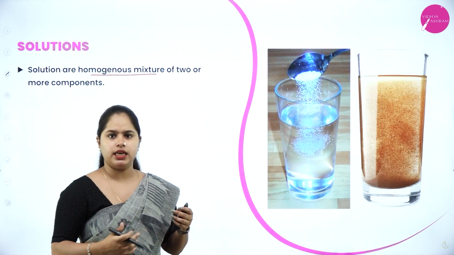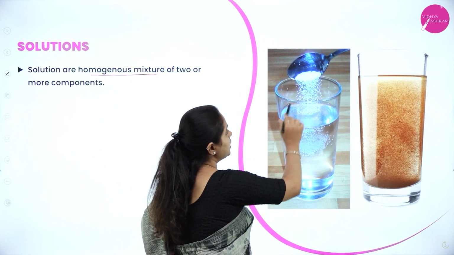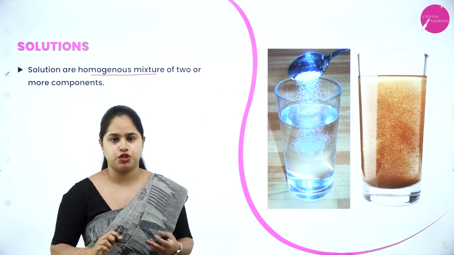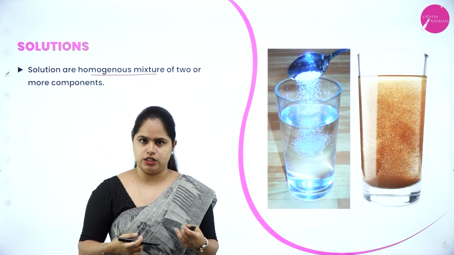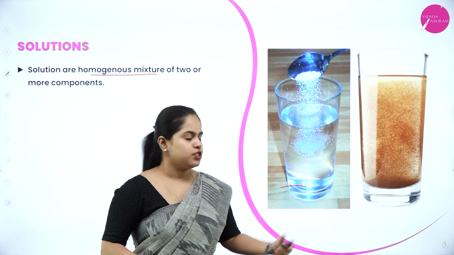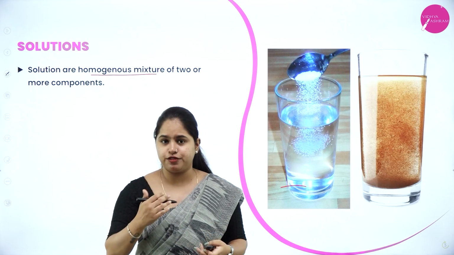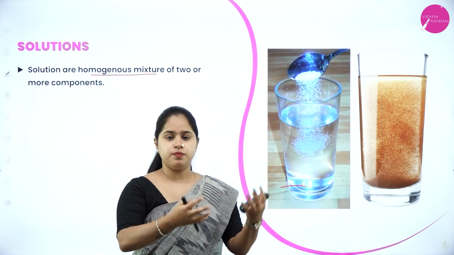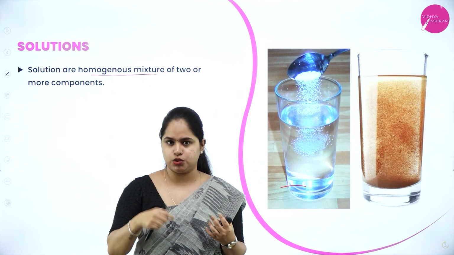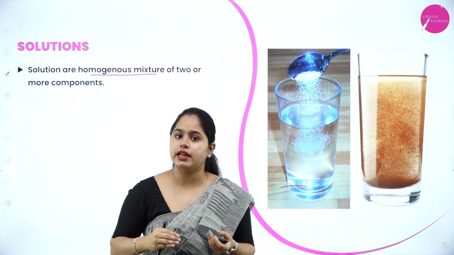As you can see here, if I take a glass of water and add 1 tablespoon of sugar into it, and mix it thoroughly, what do I obtain? I obtain sugar solution. In this sugar solution, are you able to observe any different layers? After mixing the sugar into the water, if you observe the glass, are you able to see any different layers there?